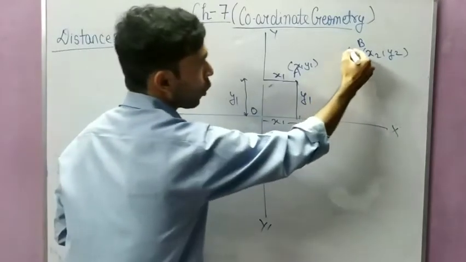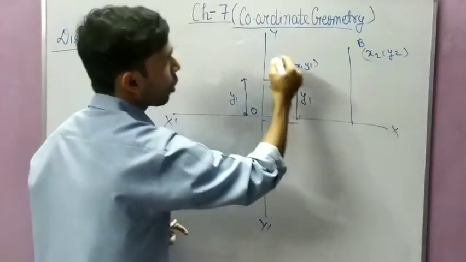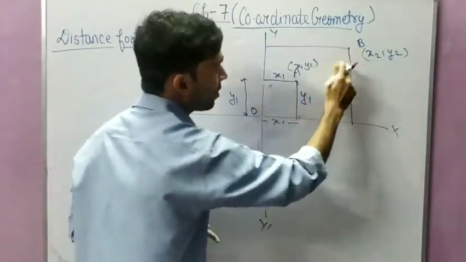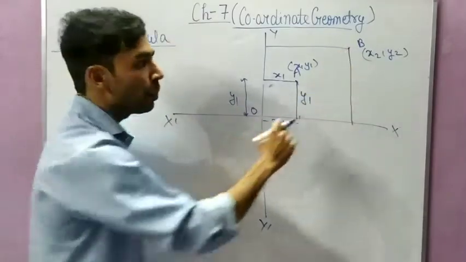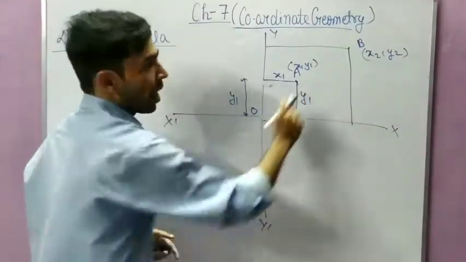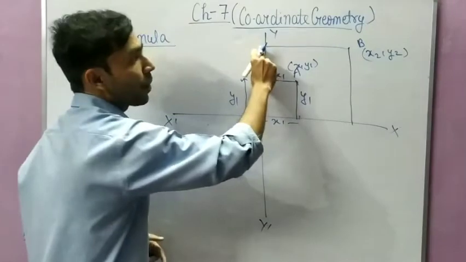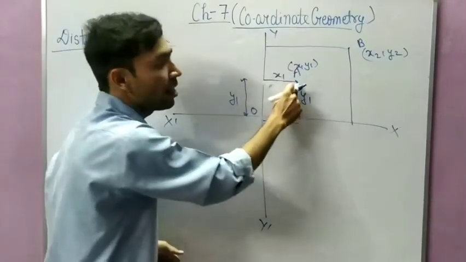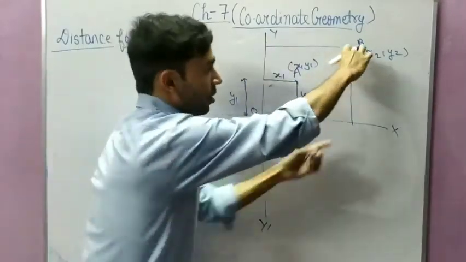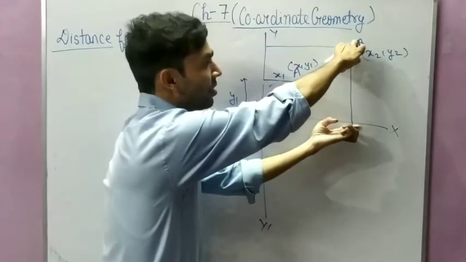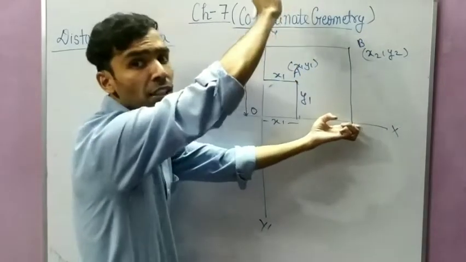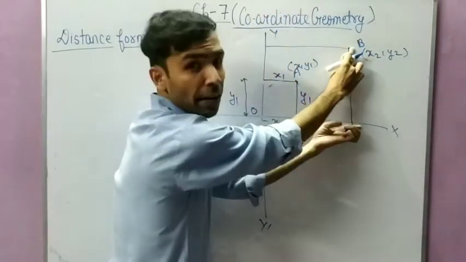Now student, this is the point. What you do, you draw a perpendicular from here, you draw a perpendicular from here. Means from this point, you draw one perpendicular to the x-axis, and from this point, you draw one perpendicular to the y-axis. Same case we have done in this also. So see, this is in which direction? Y direction, na? So it will be the value of ordinate.